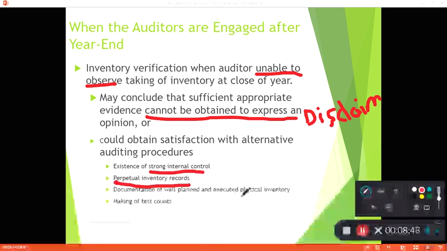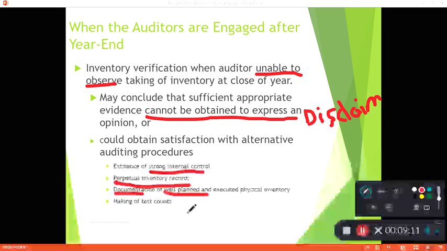And if they have good documentation, and they did a good job planning out their physical inventory count, so even if we weren't there to observe it, if they have sufficient documentation that they executed that physical inventory count, then that would also be helpful.